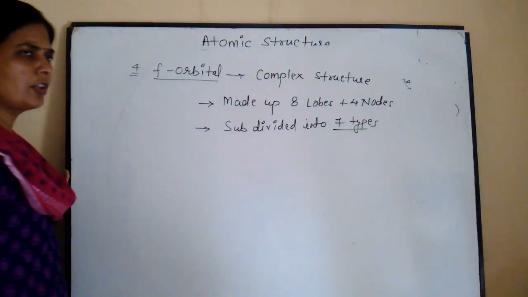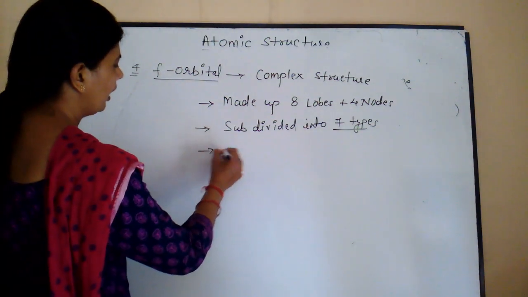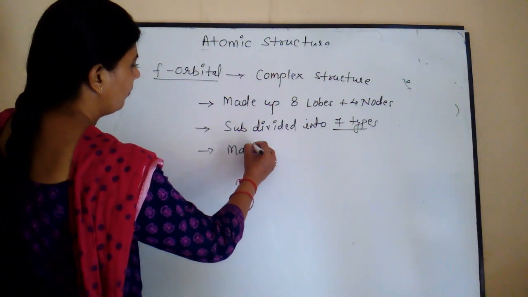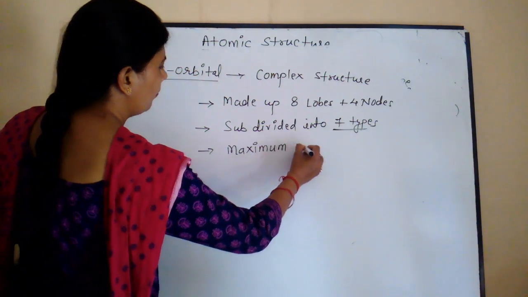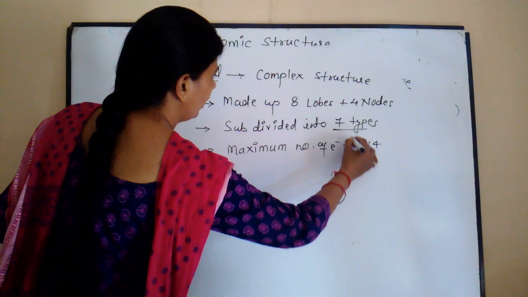The types are not in your syllabus, but they are subdivided into 7 types. That's why the maximum number of electrons is 14.